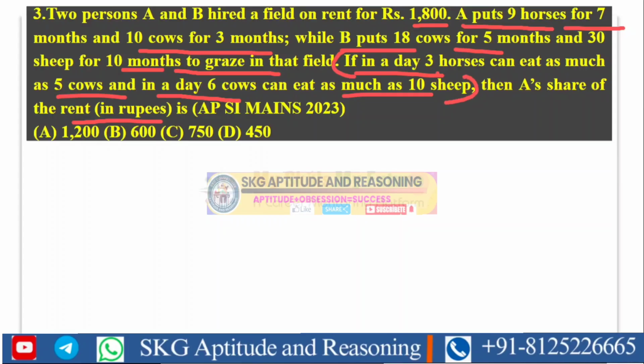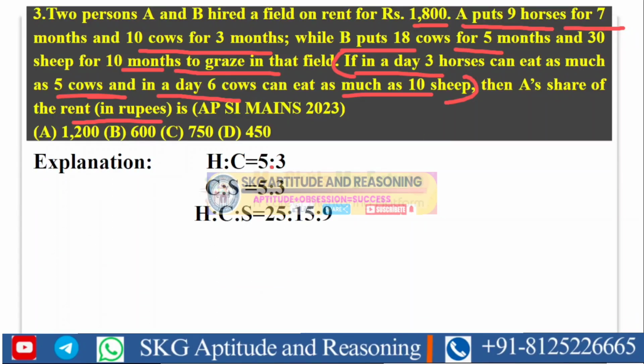In a day, 3 horses will be equal to 5 cows, and 6 cows will be equal to 10 sheep. So horse to cow will be 5 is to 3, and cow to sheep will be 10 is to 6. If we simplify that, it will also become 5 is to 3. So the combined ratio of horse to cow to sheep will be 25 is to 15 is to 9.